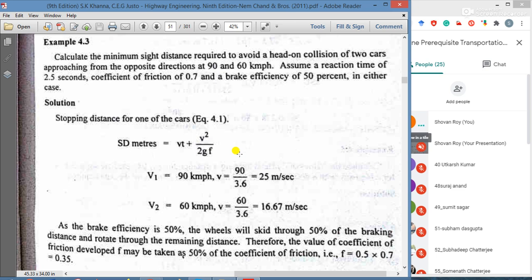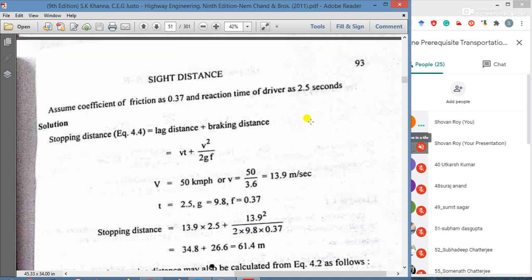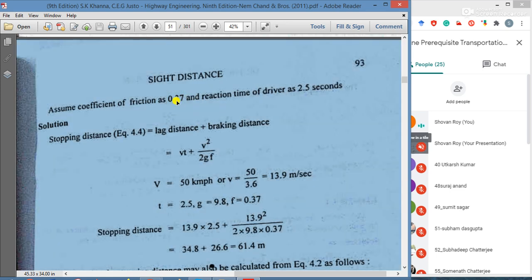Normally we always consider the efficiency of the brake to be 100%. Even in the earlier question, the coefficient of friction was 0.37, which means the efficiency of the brake is 100%. When the efficiency of the brake is 100%, it is 0.37.